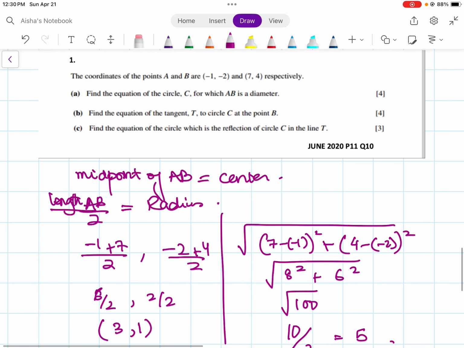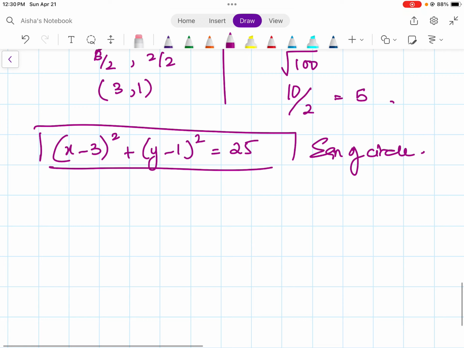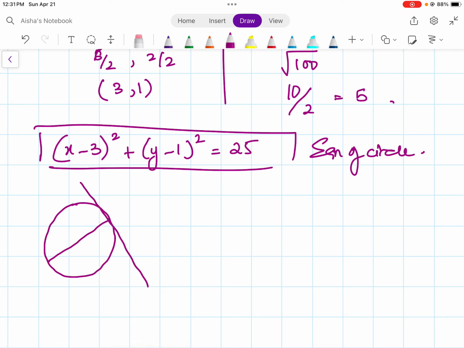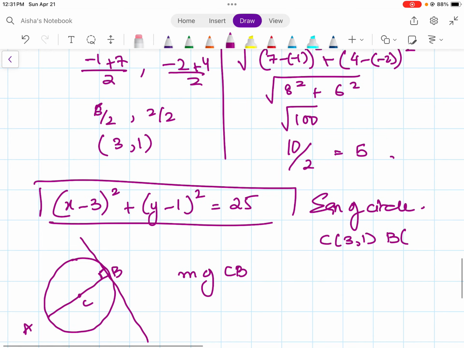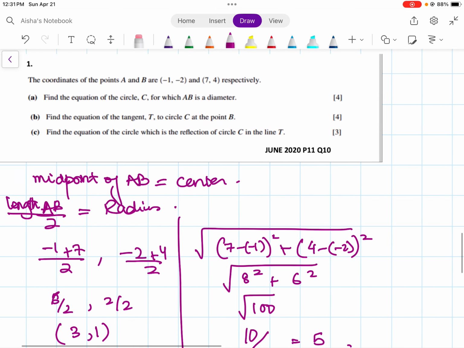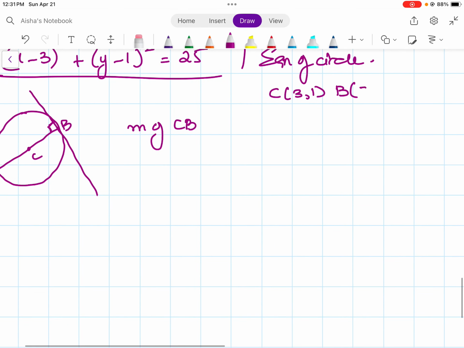Next part is: find the equation of the tangent to the circle at the point B. You know this is the center, this is 90 degrees, so the gradient of the tangent will be the negative reciprocal of the gradient of CB. C is the point (3, 1), B is the point (7, 4).